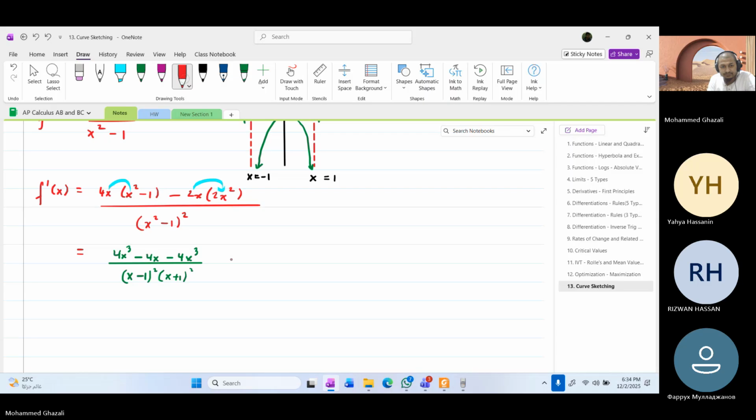Now, let's simplify this: just negative 4x over x minus 1 squared into x plus 1 squared.